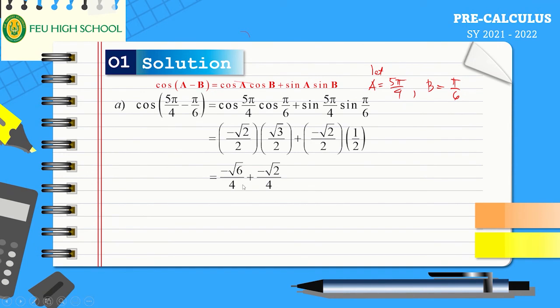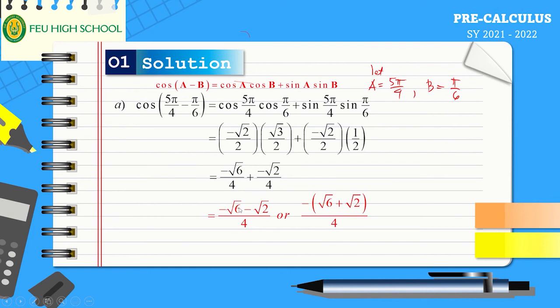And 2 times 2 is 4. And here in the second one, negative square root of 2 times 1 is negative square root of 2. So, this is aligned to identity property. Then 2 times 2 is 4. Then, we just have to add the two fractions. They have same denominators, so we simply add the numerators and copy the common denominator 4.